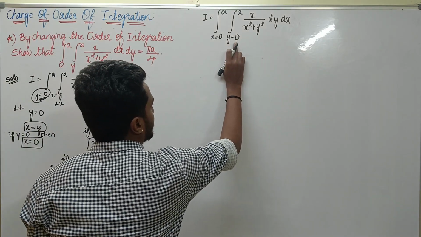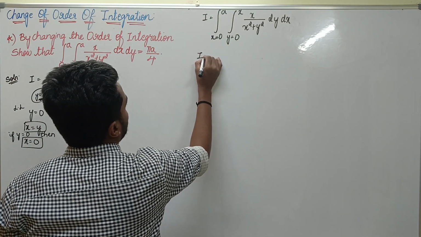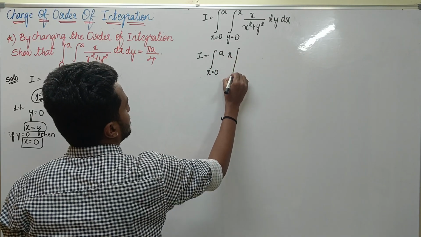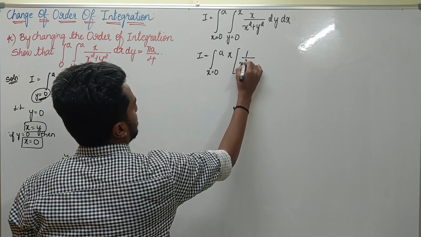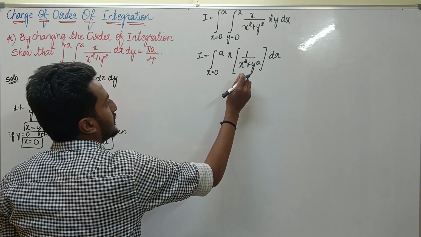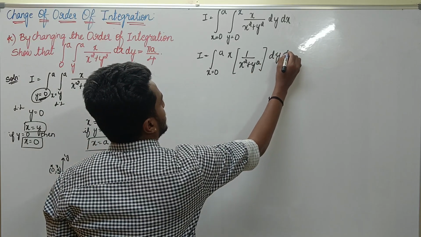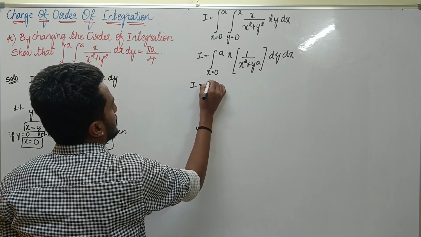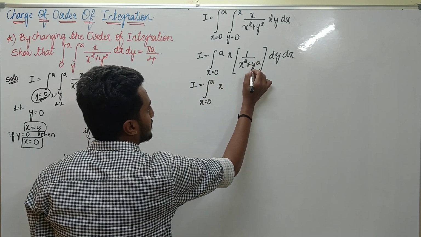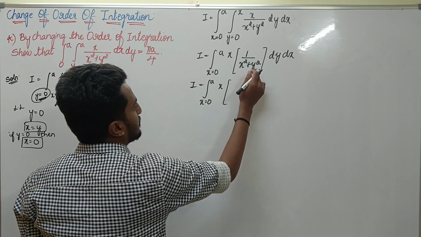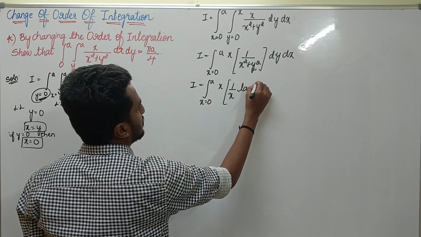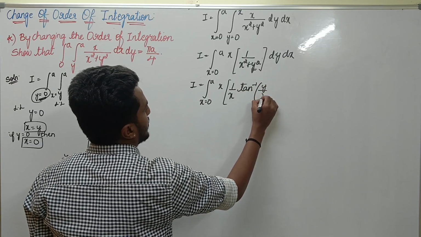Now just integrate. Since I need to integrate with respect to y, I is equal to the integral of x varies from 0 to a, x remains constant, 1 by x square plus y square dy dx. Since I have the y variable, integration of 1 by x square plus y square can be written as 1 by x into tan inverse of y by x.